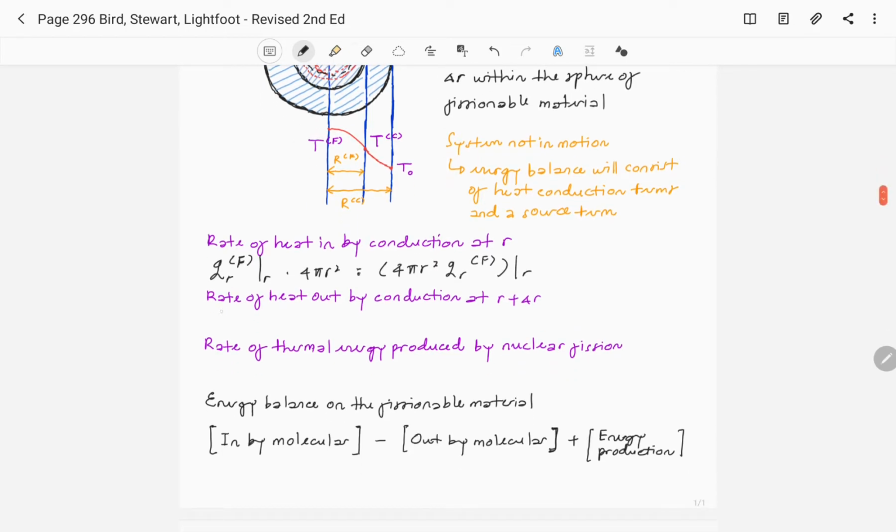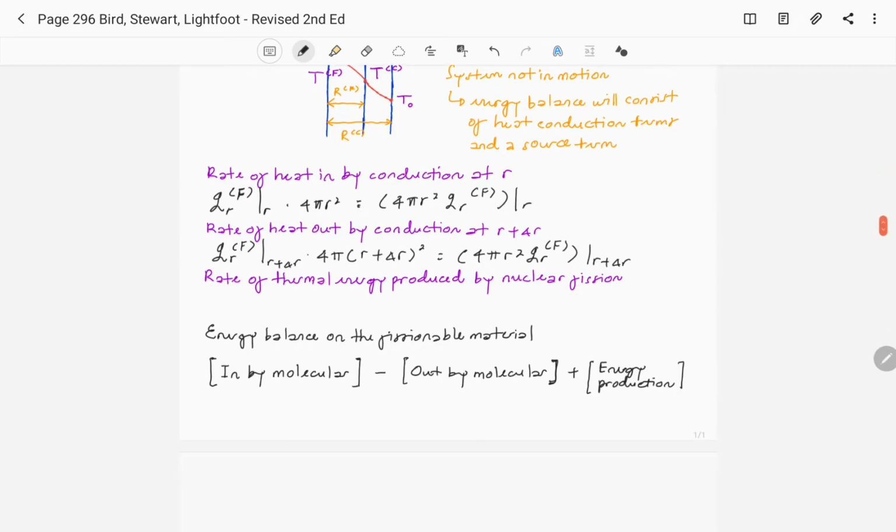Likewise, the rate of heat out is Q_rF evaluated at r plus delta r, multiplied by 4 pi (r plus delta r) squared, equal to 4 pi r squared Q_rF evaluated at r plus delta r.